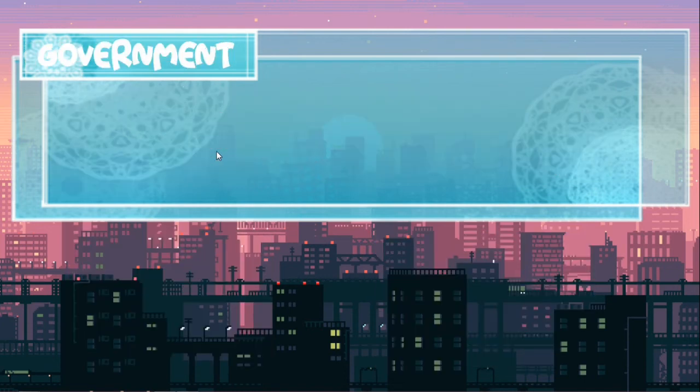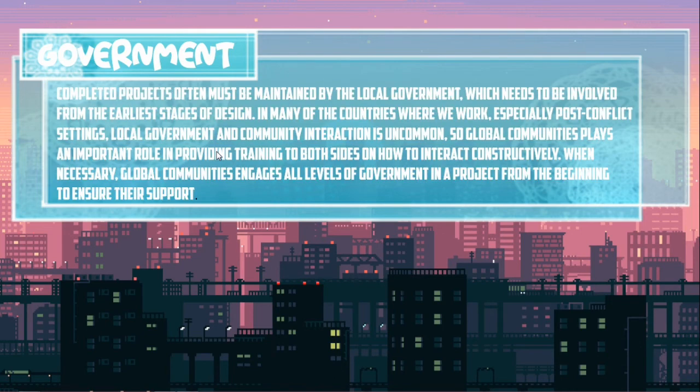Government. Completed projects often must be maintained by the local government, which needs to be involved from the early stages of design. In many of the countries where we work, especially post-conflict settings, local government and community interaction is uncommon, so Global Communities plays an important role in providing training to both sides on how to interact constructively.